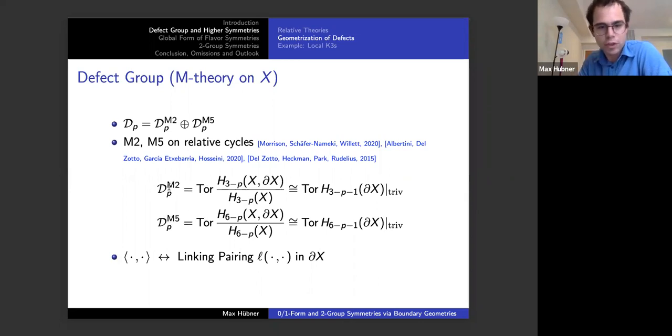So right, this engineers these two contributions to the defect group. Another nice thing about the geometric setup is that the pairing on defects has been geometrized. And the pairing between defects is the linking pairing in the boundary between the associated cycles. Okay, so now we've discussed it from the field theory point of view and a bit more geometrically. So let's make things very explicit considering an example.